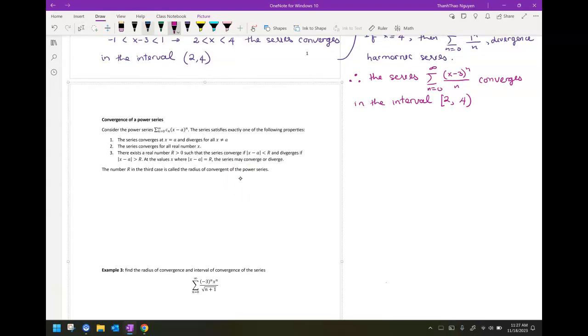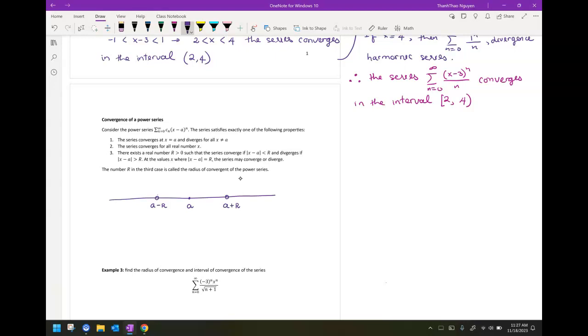So let's put this into a picture. Here you have a number line. Here's a, the center of the series. Let's take a look at this as a minus r, that's the radius of convergence, and this is a plus r.